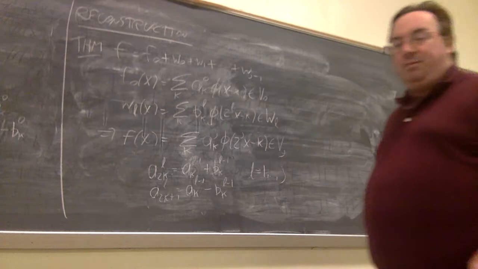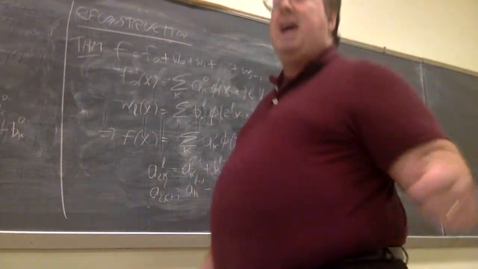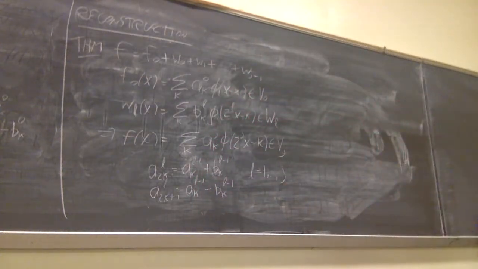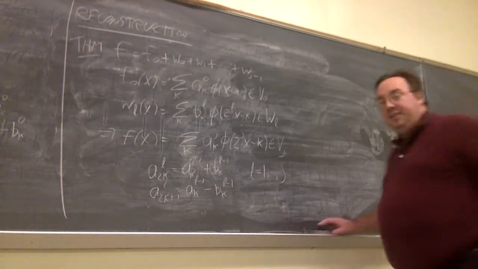So you're building it up from the coarsest scale and keep adding more and more detail until you have everything. Again, something that could be described or implemented in an FFT-like fashion for greater efficiency.